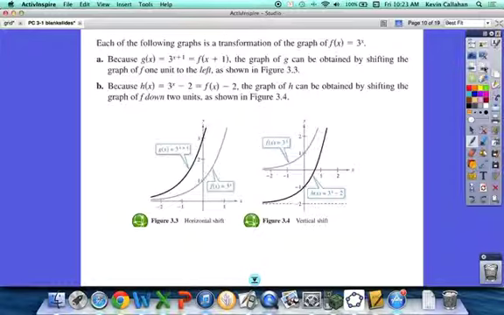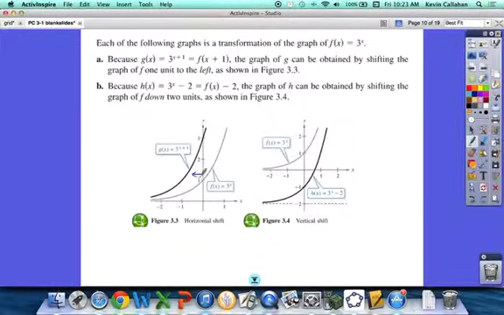So notice what happens here. Letter A, which is this graph right here. We're comparing g of x is 3 to the x plus 1. That's this graph right here. So what do we normally expect happens when we add 1 inside the function? It goes to the left 1.